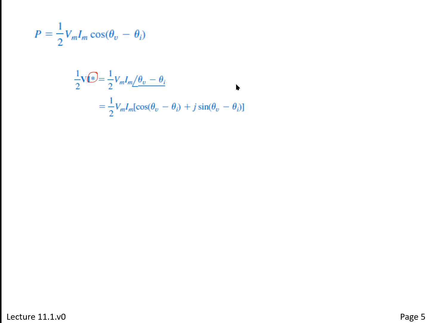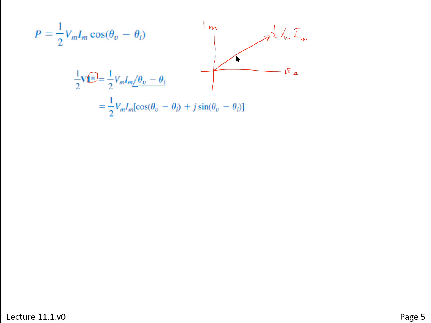Okay, but I can represent that. So let me do this, just so we know this is real, and this is imaginary. And let's say here's this representation, right? So the length here is 1/2 V max I max. Those are the maximum values.